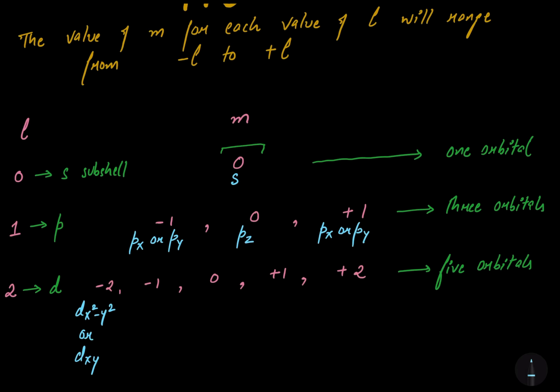Minus 1 stands for dzx or dyz. 0 stands for dz square only. Plus 1 again stands for dzx or dyz, and plus 2 again stands for dx square minus y square or dxy.